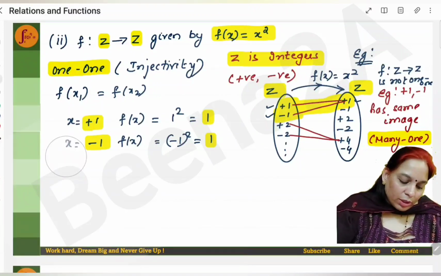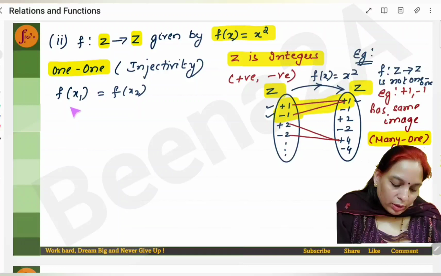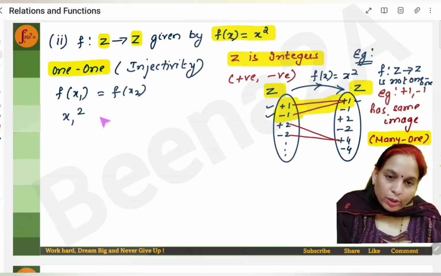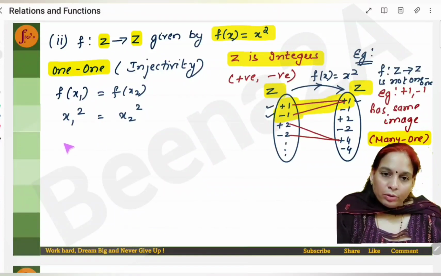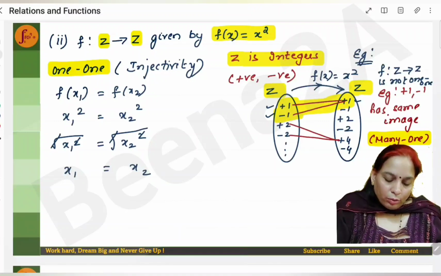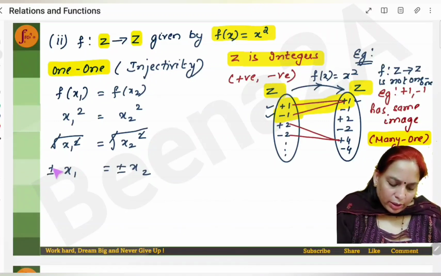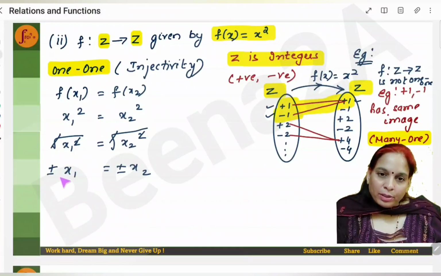Now we can use the other method also. f of x1 is equal to f of x2. What is f of x1? It will be x1 square. What is f of x2? x2 square. If I take square root on both sides, I'll get root of x1 square is equal to root of x2 square. Root and square will get cancelled, so I'll be left with x1 is equal to x2. Notice it's going to be plus or minus, right? Every time you have a square root or a square, it could be plus or minus.